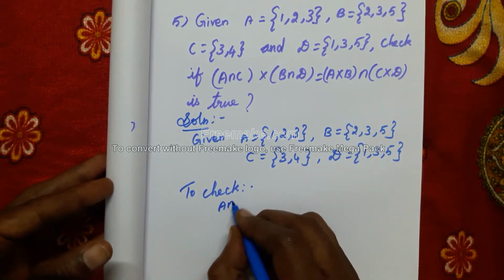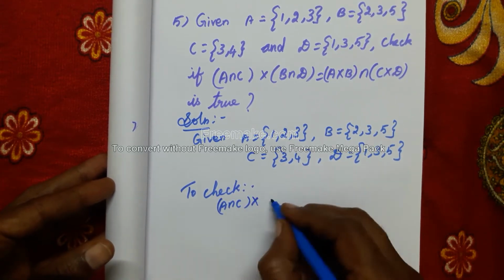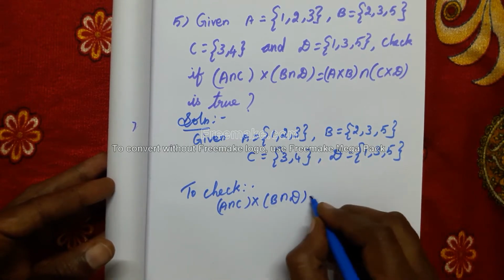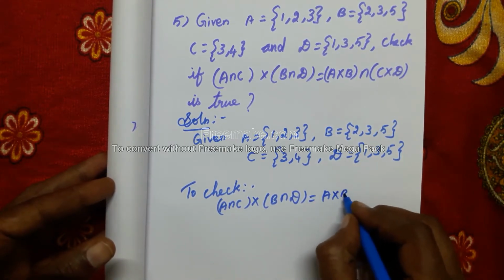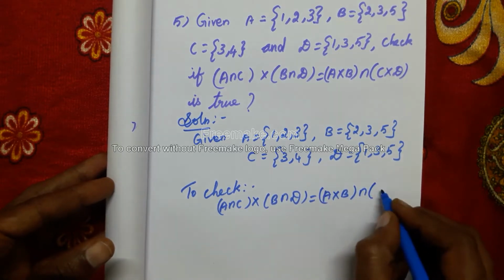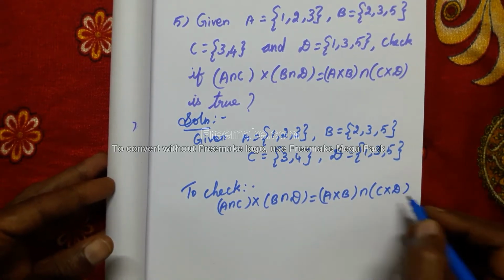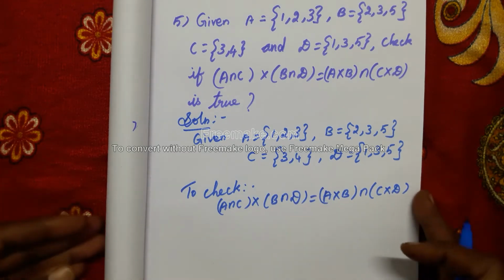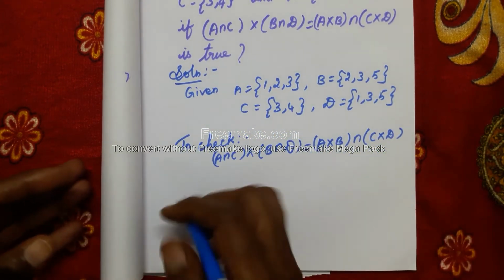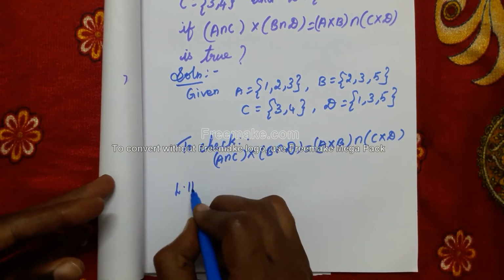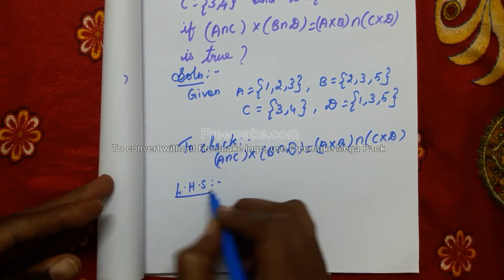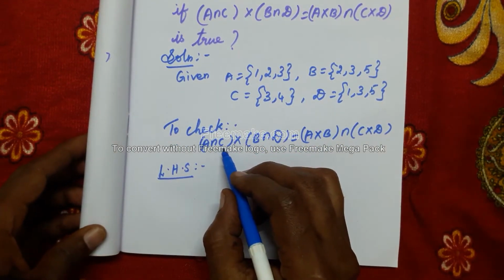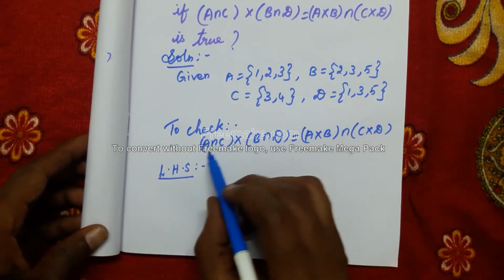A intersection C cross B intersection D is equal to A cross B intersection C cross D. Whether it is true or not, we have to check it. First, left hand side we can take it, LHS. What's the left hand side? A intersection C cross B intersection D.